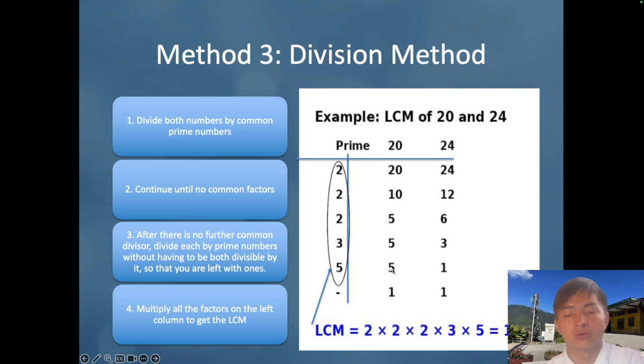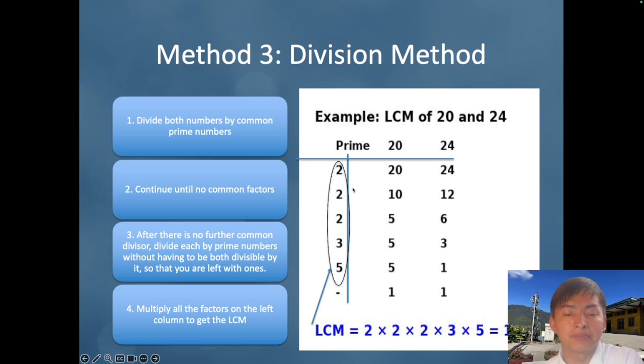Now next we divide the number 5 here by 5, and you get 1, and the 1 stays 1. So in this method you have to find the common factor first, and if there's no common factor, then divide the individual numbers separately by a prime factor and list the factors on the left hand side.